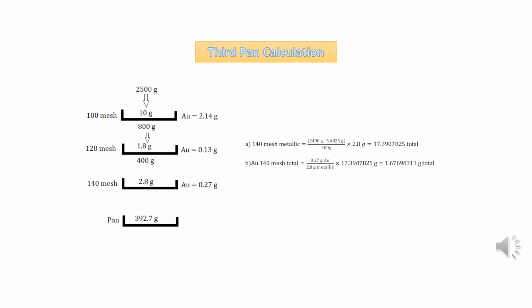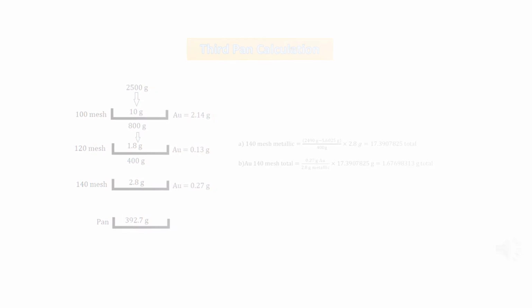You divide that by your 2.8 metallics left on the screen, and you times that by the 17.39 grams of total metallic. That gives you a total amount of gold estimated at 1.676983 some odd grams of gold. You want to record that figure.